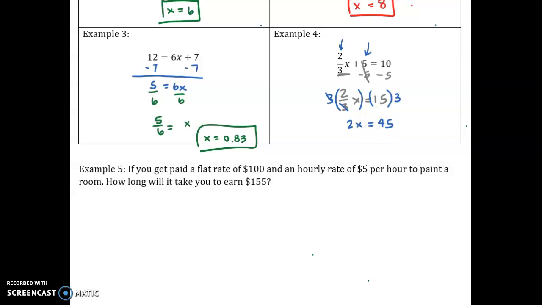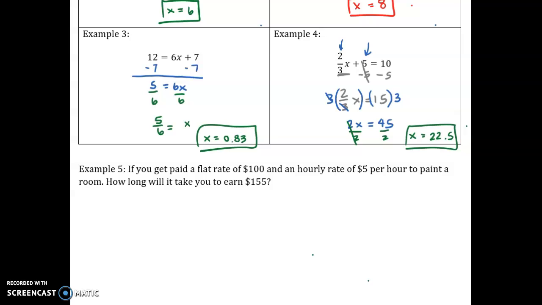Then I can isolate the x further. Since it's 2 times x, I will divide by 2. And again, 45 over 2 is not a nice, pretty whole number. It's 22.5, and it's okay that your answer is a decimal.